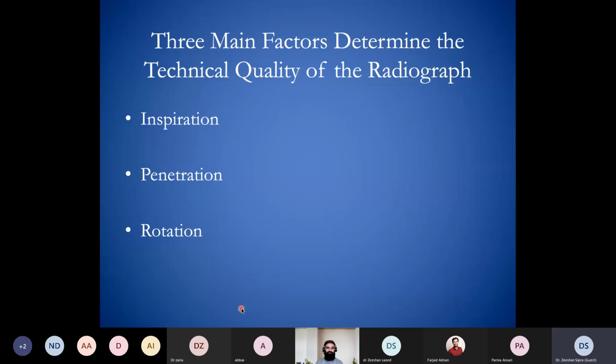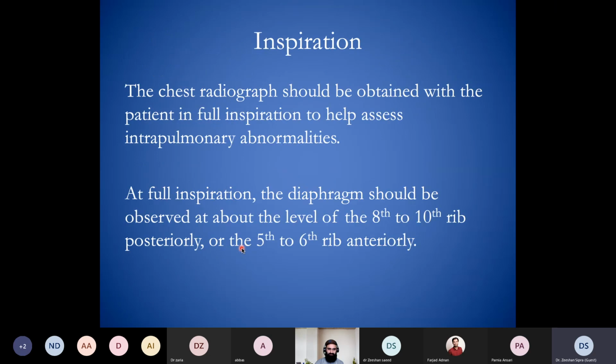Although most of the time in ICU settings, or when the patient is bedbound and critically sick, and is unable to inspire that much, we should be able to interpret the normal anatomy first. So that is on a full inspiration radiograph. The penetration and rotation I'll cover later on; these are regarding the quality of the radiograph.